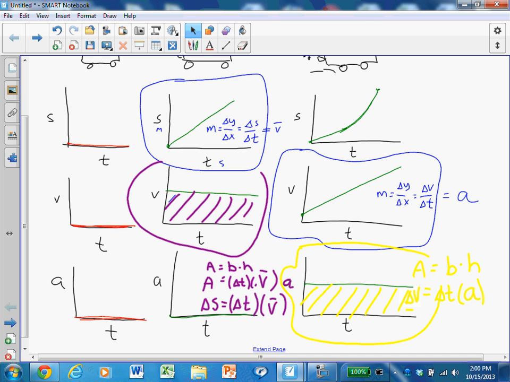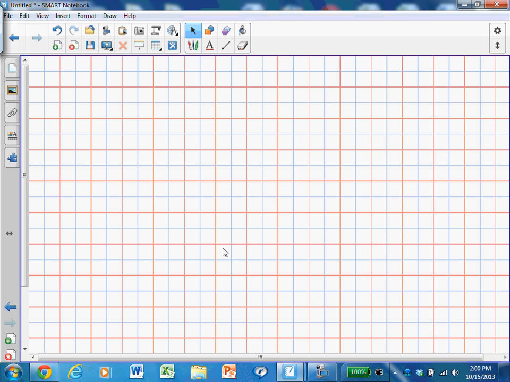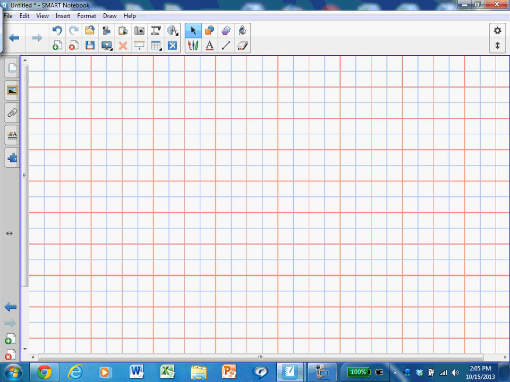Okay, so we'll just look at one of those real quick, where we have velocity versus time, and we go to position. All right, we'll set this problem up, and we're going to be going from velocity versus time to position versus time, and we're going to assume that our initial position is 0.